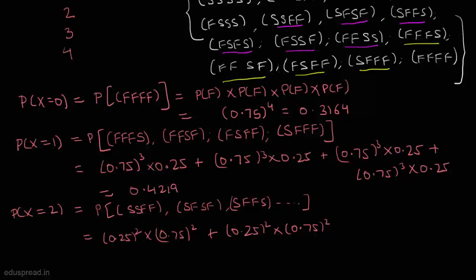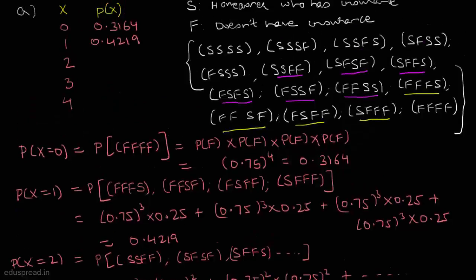It's 0.25 square multiplied by 0.75 square. So I'm not writing the whole expression. What we get is 6 multiplied by 0.25 square multiplied by 0.75 square, and this is equal to 0.2109. So this is equal to 0.2109.